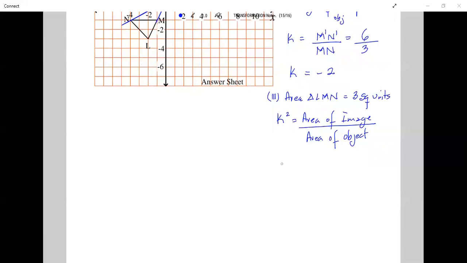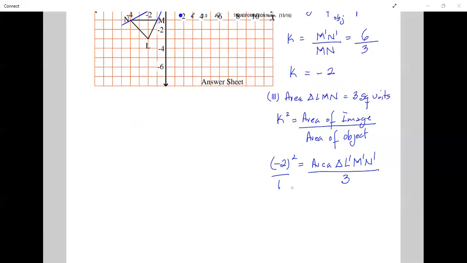K is minus 2, so minus 2 squared is equal to the area of triangle L prime, M prime, N prime over the area of LMN, which we were told is 3.